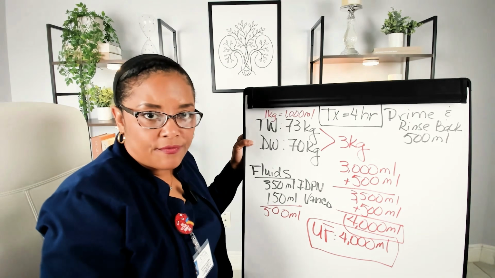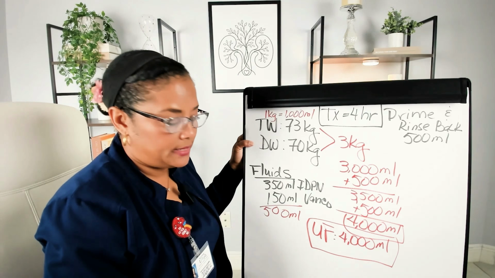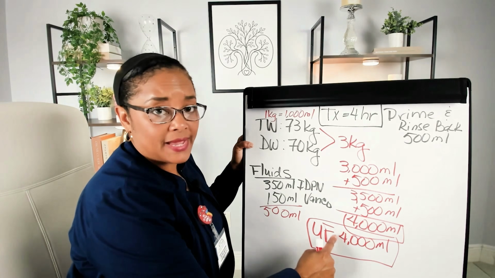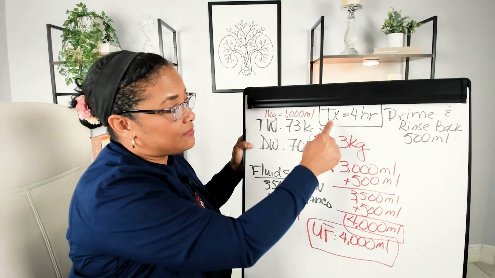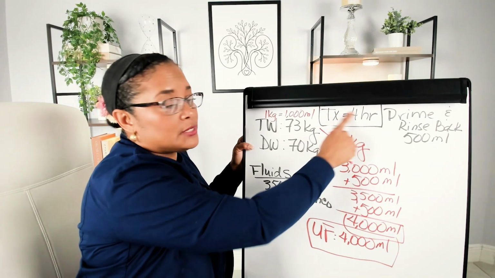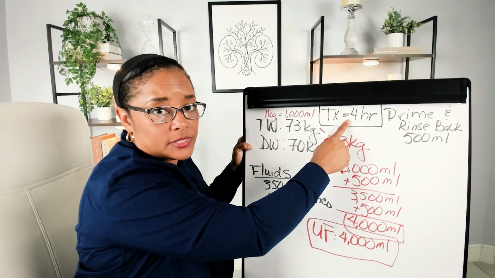Now, to get the UFR, the ultrafiltration rate, I am going to grab that total and divide it by the treatment time, which is 4 hours.